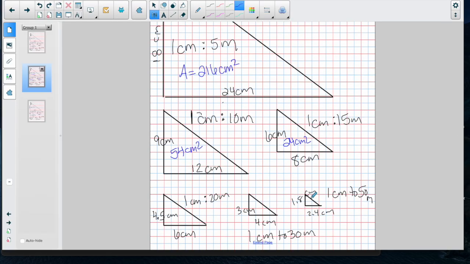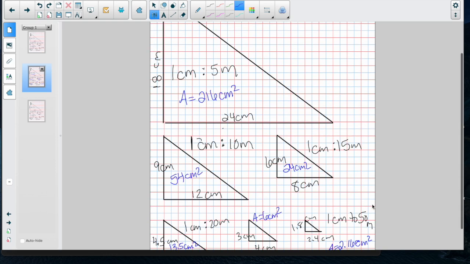Our 1 to 20 triangle has an area of 13.5 square centimeters. The 1 centimeter to 30 meters has an area of 6 square centimeters. And the tiny one over here has an area of 2 1600ths square centimeters.